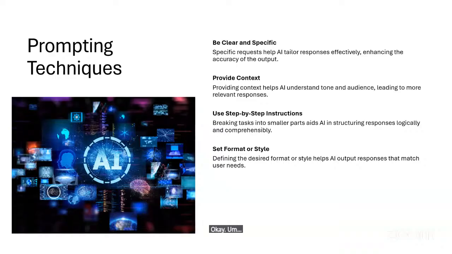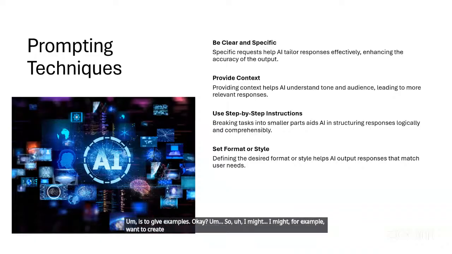When you create a prompt, when you create a question, something else that I've learned is to give examples. So I might, for example, want to create a course curriculum associated with artificial intelligence.